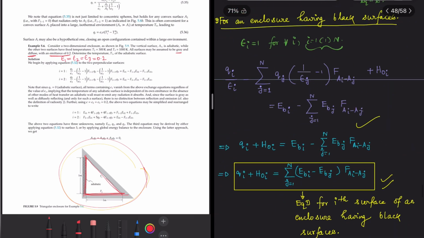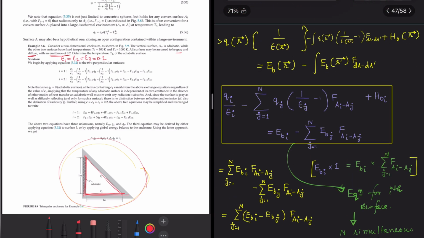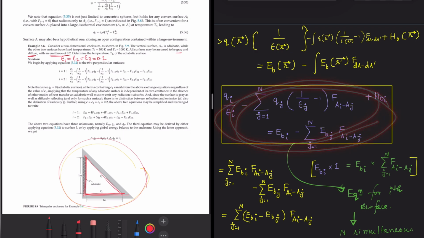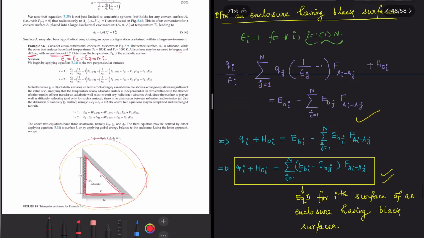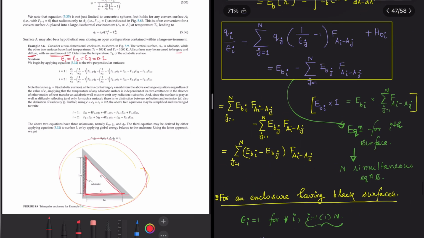This is for the black enclosure. This equation and this equation are exactly the same. I have shown you that if you put epsilon i equal to epsilon j equal to 1, then you will get the second equation.